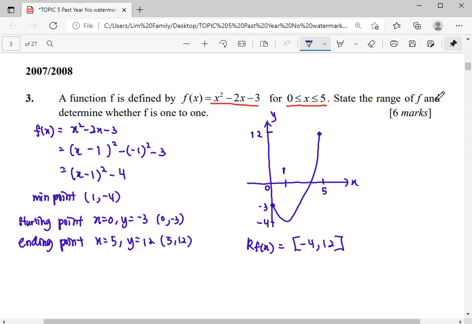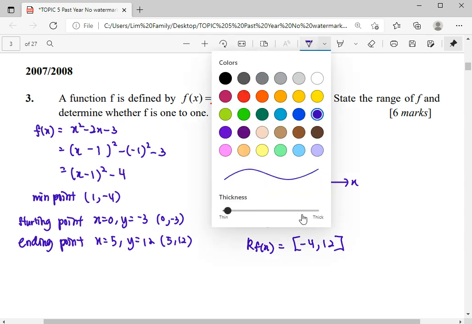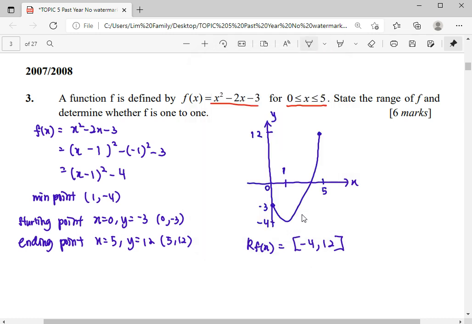And the last part, determine whether this is a 1 to 1 function. So obviously, if you take above here, you have one intersection only, no problem. But at the bottom here, you have 2 intersection points. So we must show our problem here.